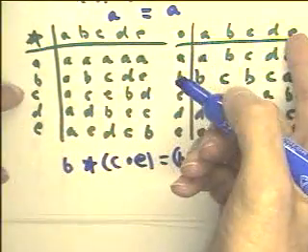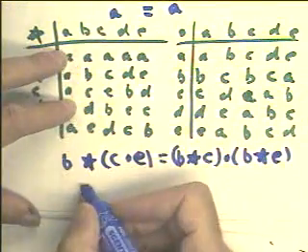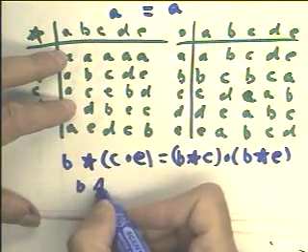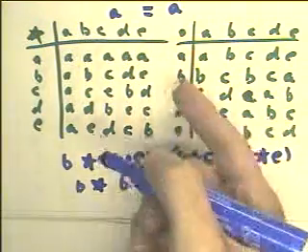C dot E gives us B. So we end up with B star B. Now is that equal to B star C?